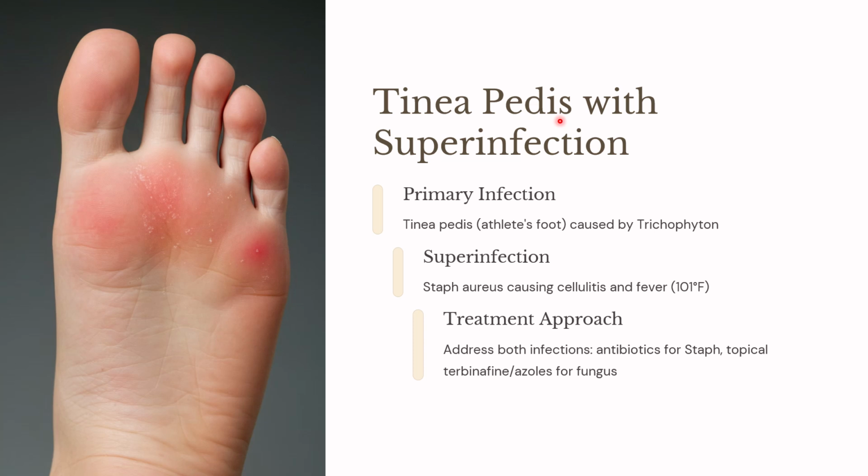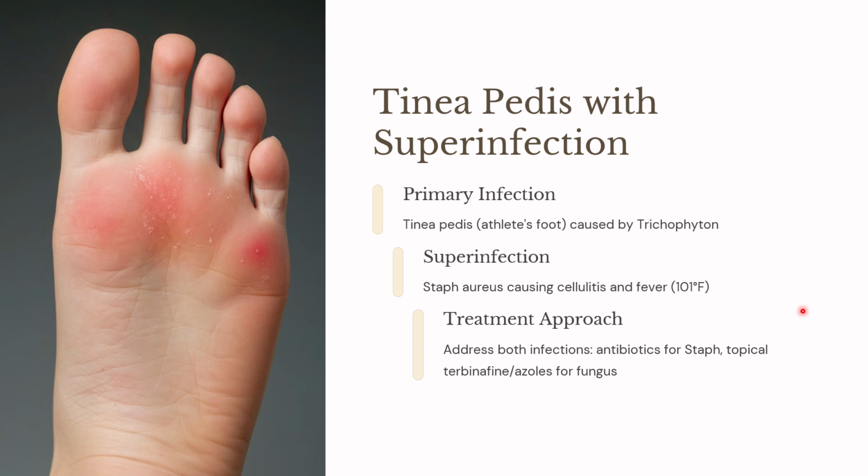Now the question asks: what is the most likely causal organism for his fever? Even though the red itchy scaly area is due to tinea pedis, it is not going to cause fever. When the redness or scaling extends up to the dorsum of the foot and onto the ankle, that means there is a secondary superinfection, mostly staphylococcal cellulitis, superinfecting the fungal infection.